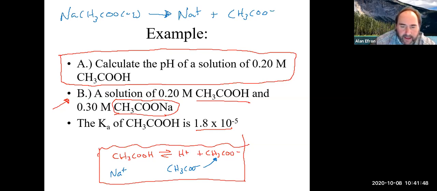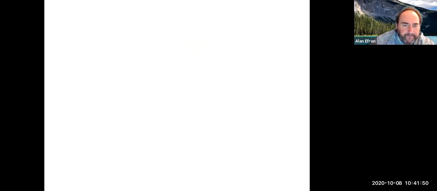So looking at part B now, as I just drew and as I was just talking about, we are still going to have the same equilibrium. So it's only going to be our acetic acid here that's going to set up that equilibrium.